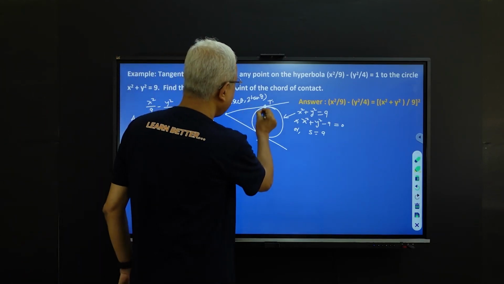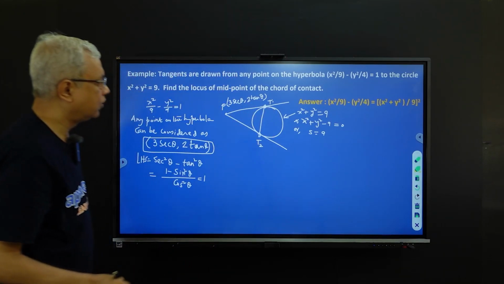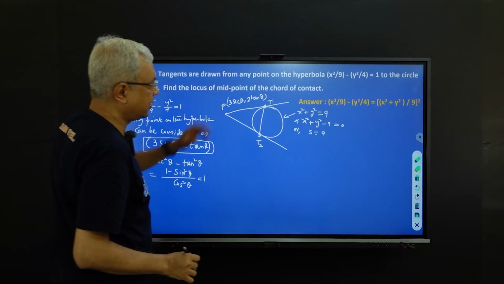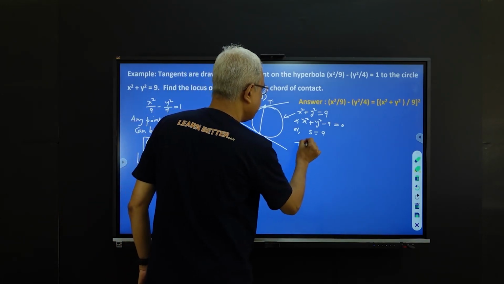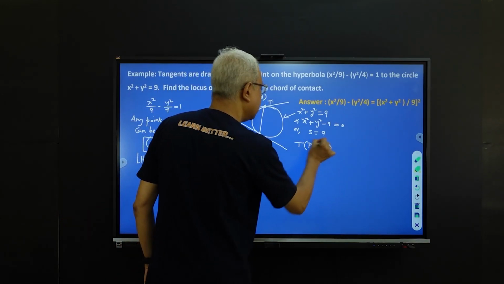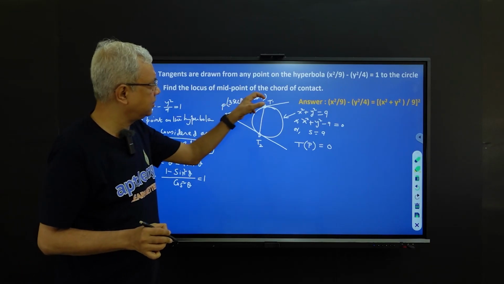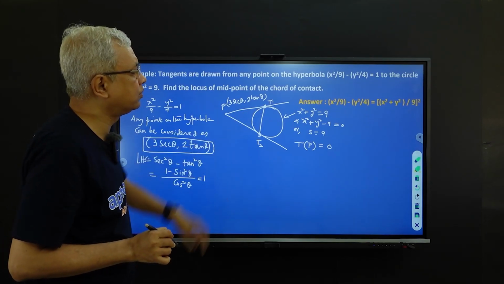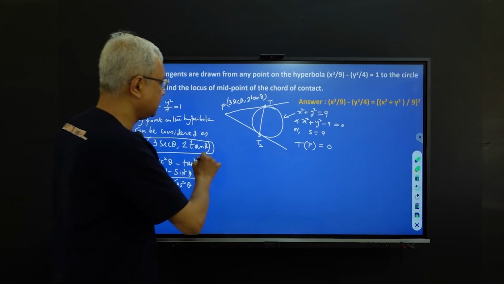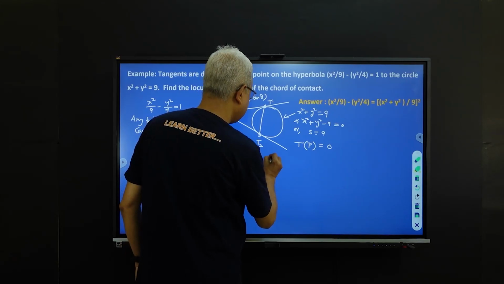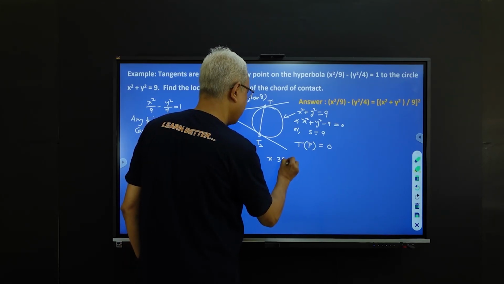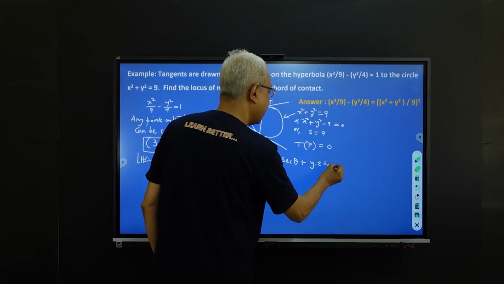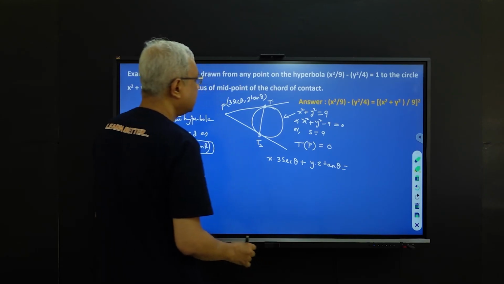Now this is the chord of contact. The equation of the chord of contact I can write as T equal to 0. So as if the point 3 sec theta, 2 tan theta lies on this circle, what would be the equation of the tangent at that point? So readily I can write x into 3 sec theta plus y into 2 tan theta equal to 9.